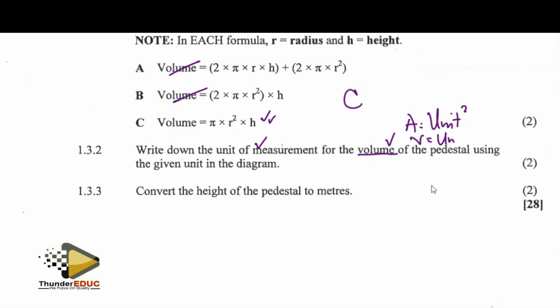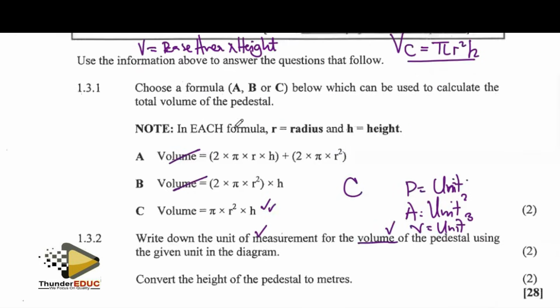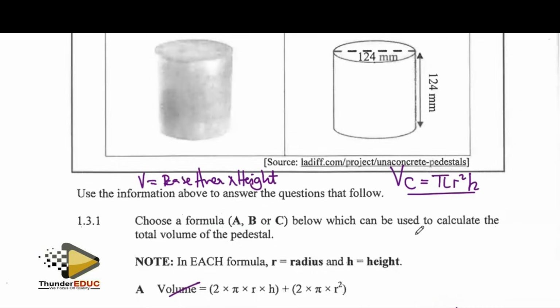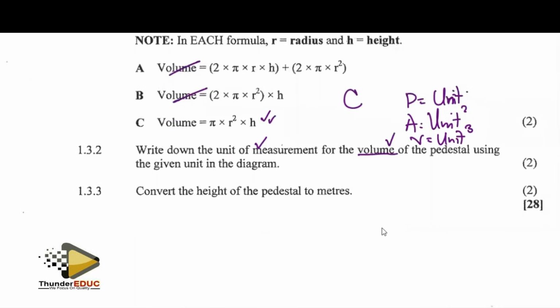Volume units have to be cubed, whereas perimeter units remain the same. So the units that we see in the diagram, they were millimeters. So still here we shall write millimeters cubed. Don't forget that because you're looking for units of volume.